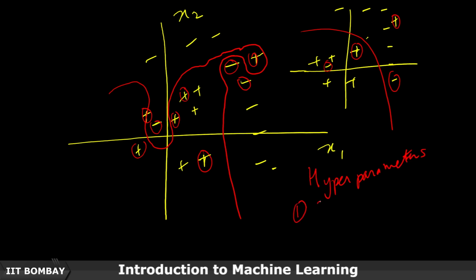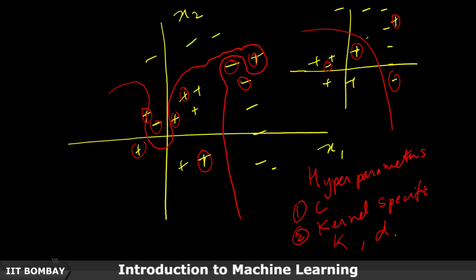One is C itself, that is common to everyone, but now for kernel specific hyperparameters, it can be for example the sigma or the kappa that we had for the Gaussian kernel, or the degree that we had for the polynomial kernel. Those are going to be kernel specific hyperparameters.